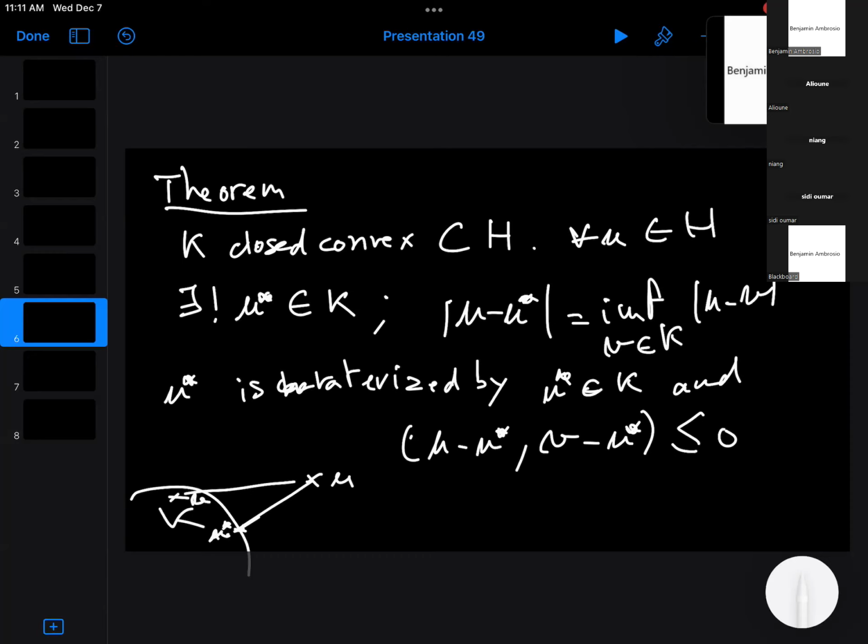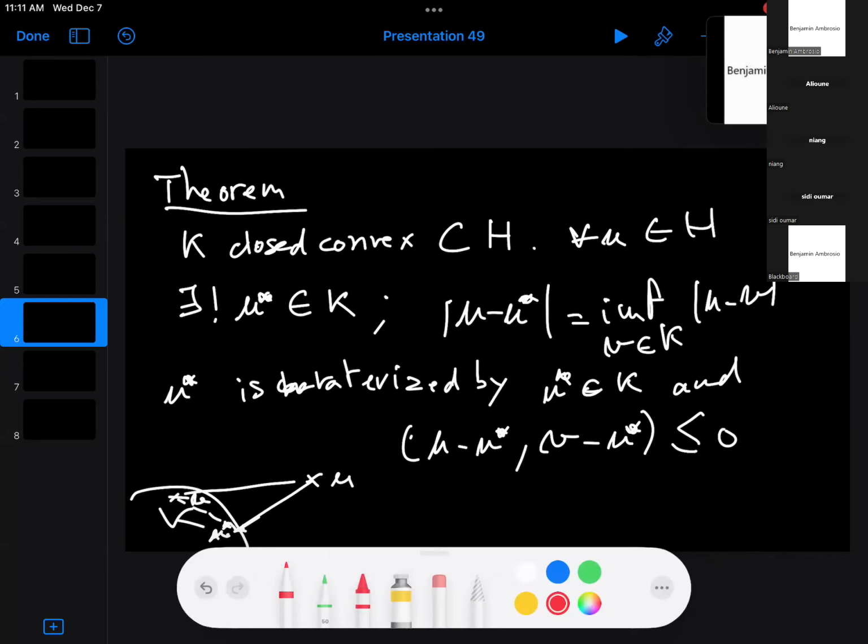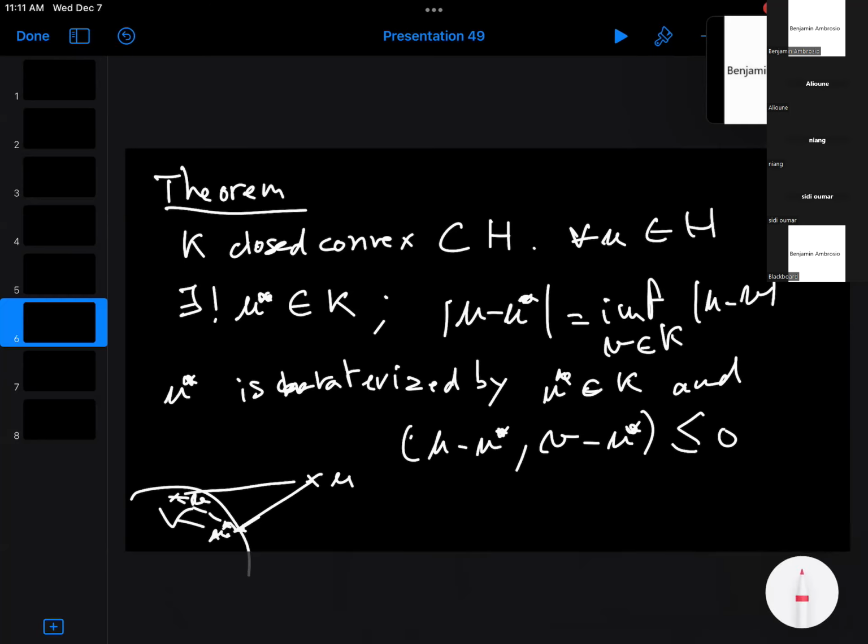And effectively, if you take the scalar product for any v, this angle is more than pi divided by 2, which corresponds to a negative scalar product.